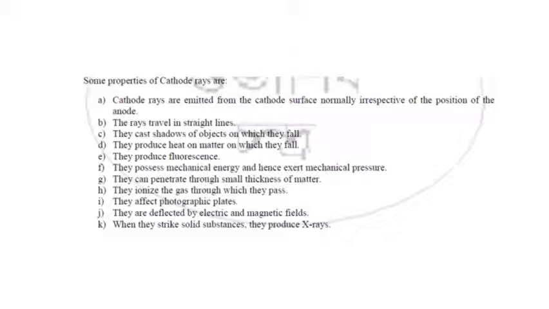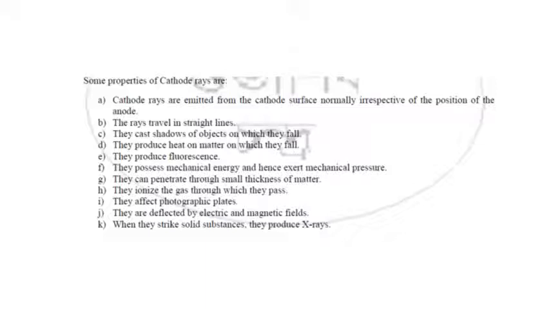Some properties of cathode rays: they are emitted from cathode surface, irrespective of the position of anode. It means it does not depend on the position of anode. These rays travel in straight lines unless they interact with others or are in the field of others.